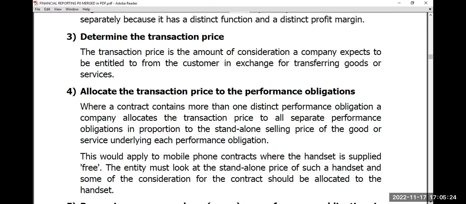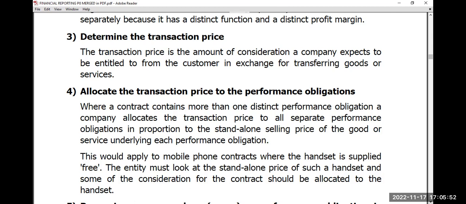Here, when we are trying to look at how we are going to be allocating the transaction price to the performance obligation, remember, the transaction price is going to be the amount the buyer is going to pay to the seller.